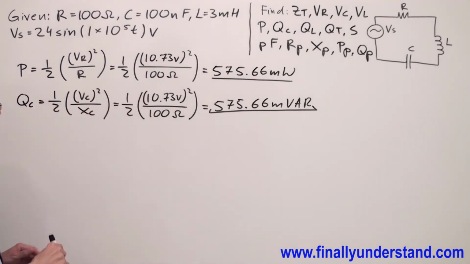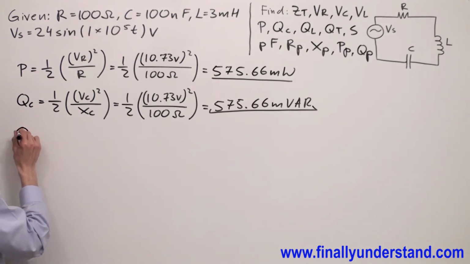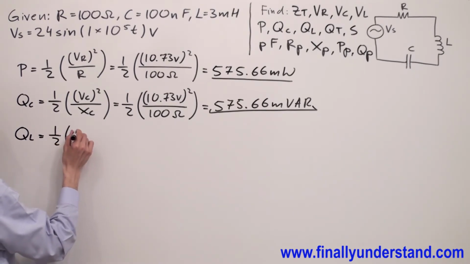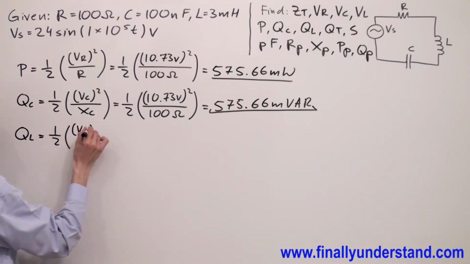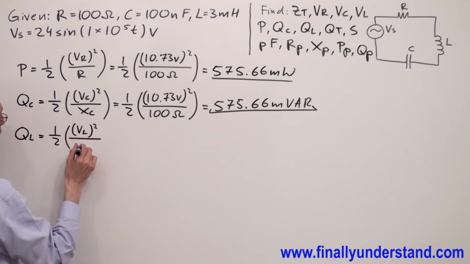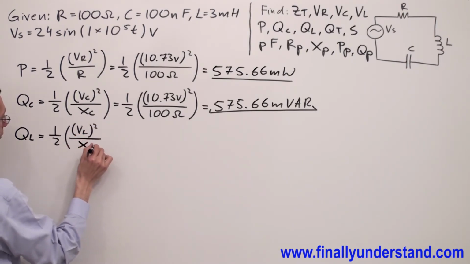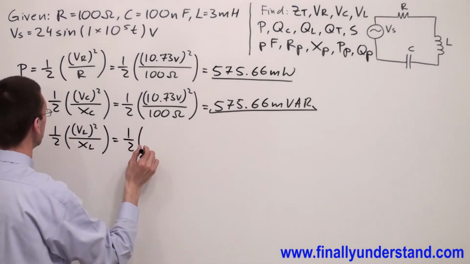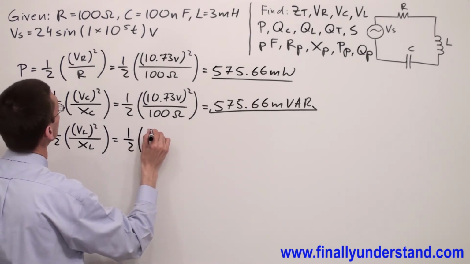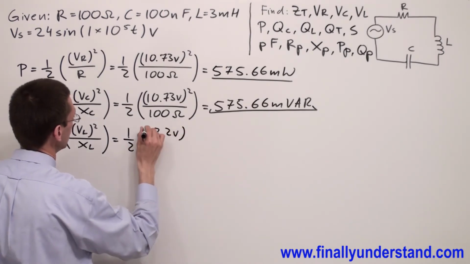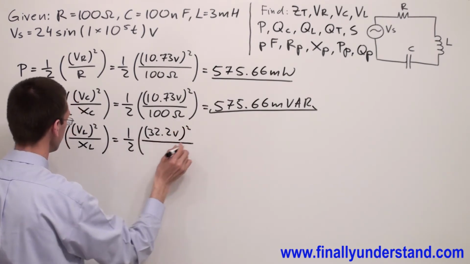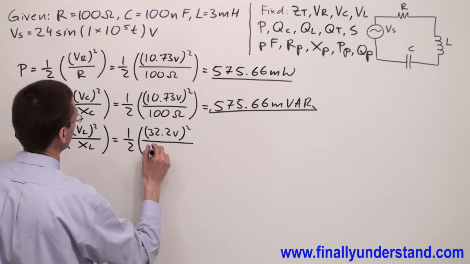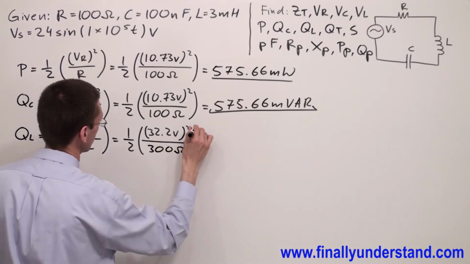Next, we're supposed to find the reactive power at the inductor. So QL is equal to 1/2, and I have VL raised to the second power over X of L, which is equal to 1/2, and voltage across the inductor was 32.2 volts raised to the second power over X of L. And X of L we found was equal to 300 ohms.